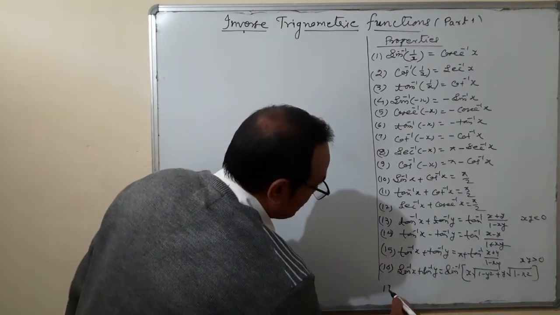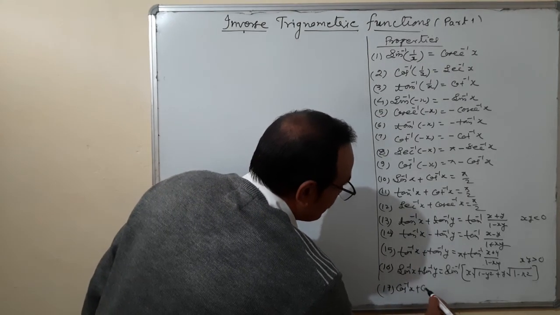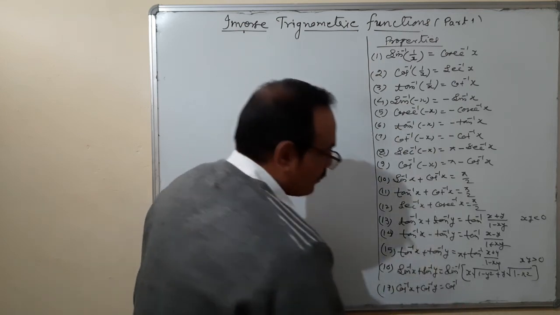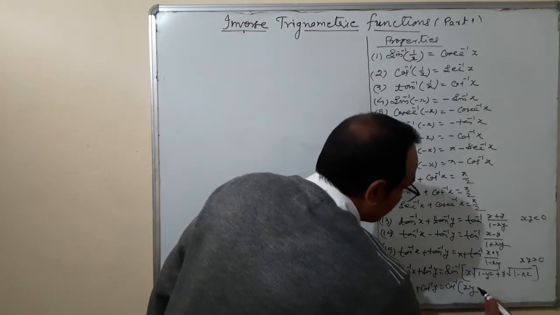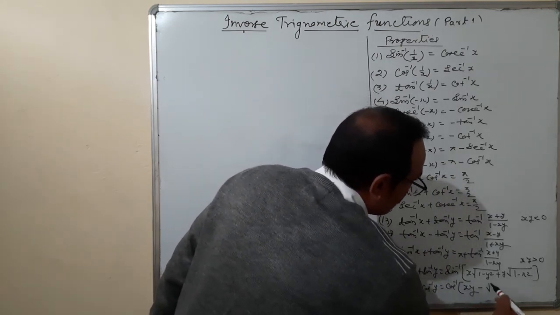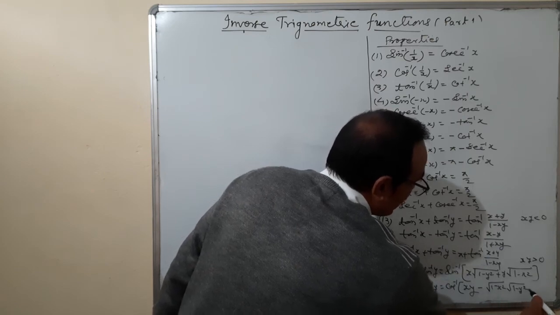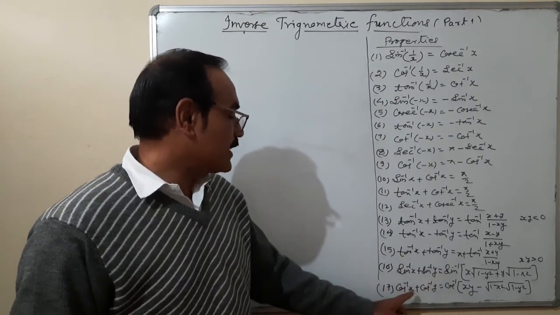And 17th, cos inverse x plus cos inverse y is equal to cos inverse of xy, minus under root 1 minus x square and under root 1 minus y square. If this is a plus, then the other is a minus.